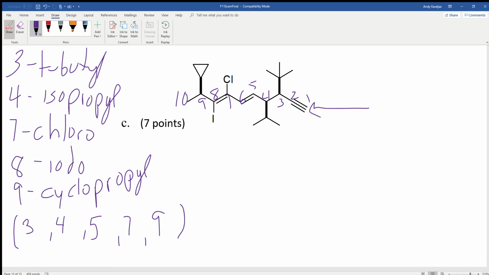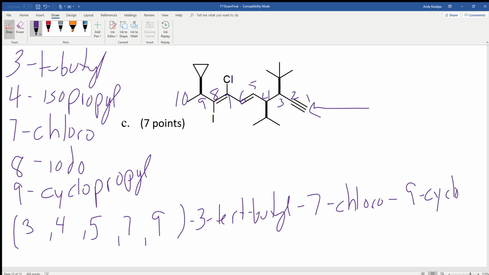But we can put our substituents in alphabetical order. 3-tert-butyl, 7-chloro, 9-cyclopropyl, 8-iodo, and 4-isopropyl.